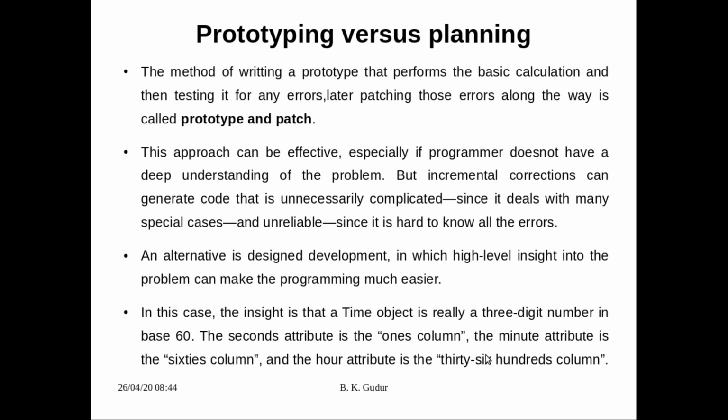So if we know that a time object is a 3-digit number where the seconds attribute is the ones column, the minute attribute is the 60s column, and the hour attribute is the 3600s column, and we know this in the beginning, then we can go for the design development approach and implement this directly. We wrote the program but didn't think about this.